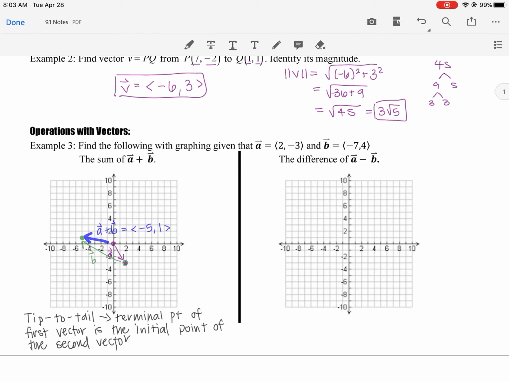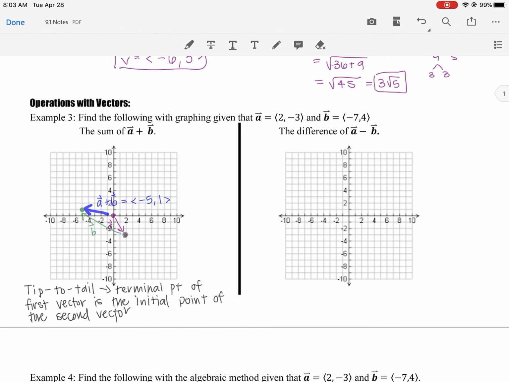We're going to talk about the algebraic representation in a moment. The only thing that you do differently when we have subtraction is you can think about it as adding the opposite.